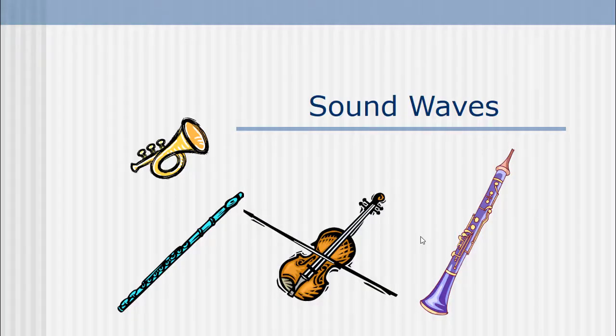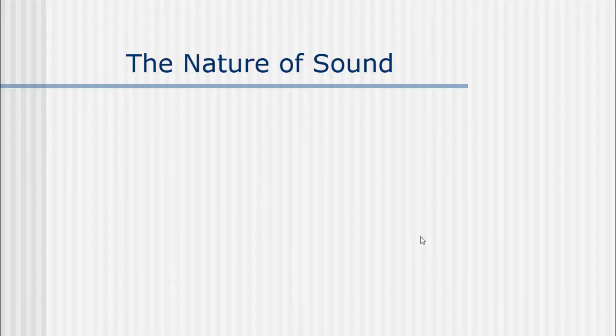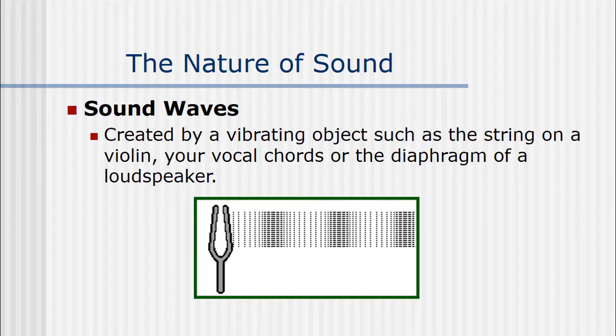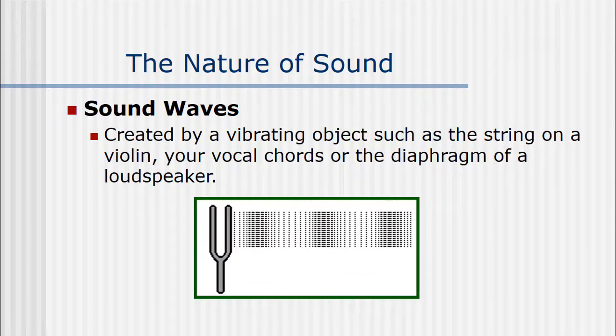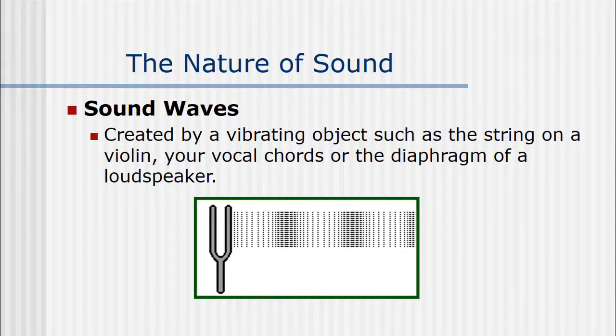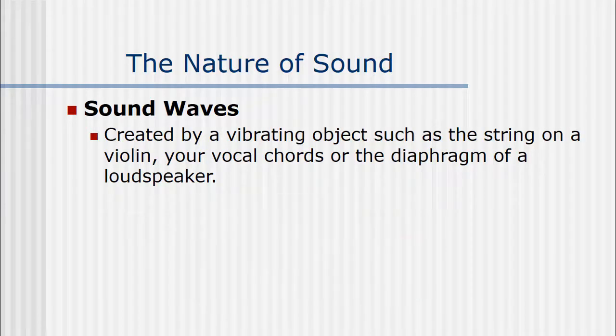First of all, what are sound waves? Sound wave is created by a vibrating object such as the string on a violin, your vocal cords, or the diaphragm of a loudspeaker, like this. This is a tuning fork that shows how sound waves are produced. When it vibrates, the sound waves are produced.